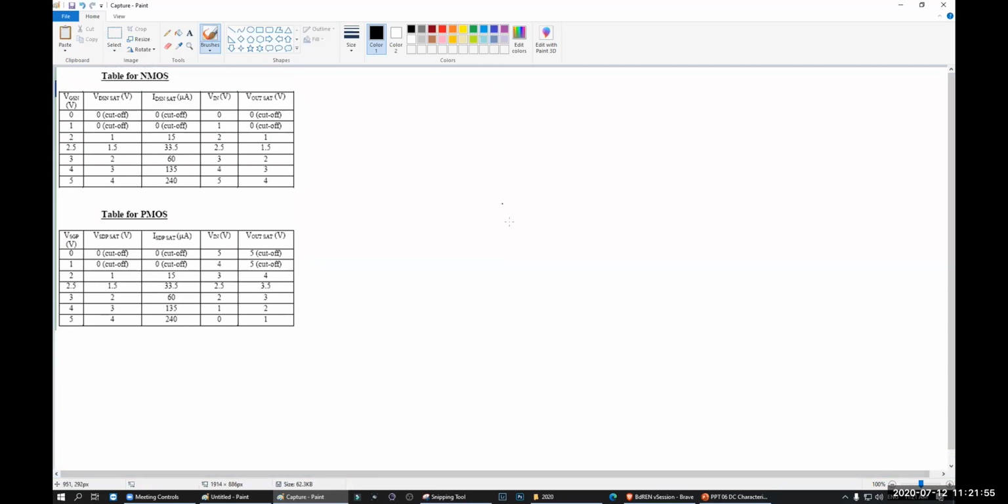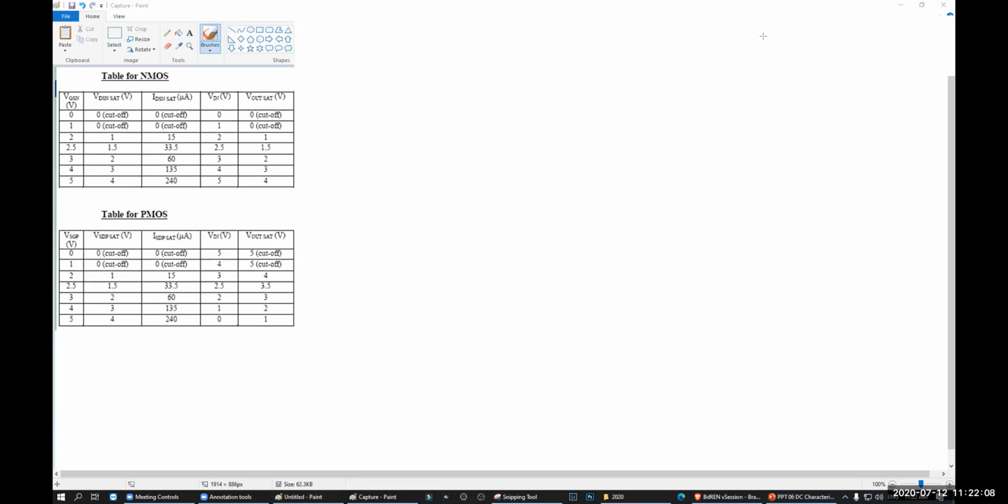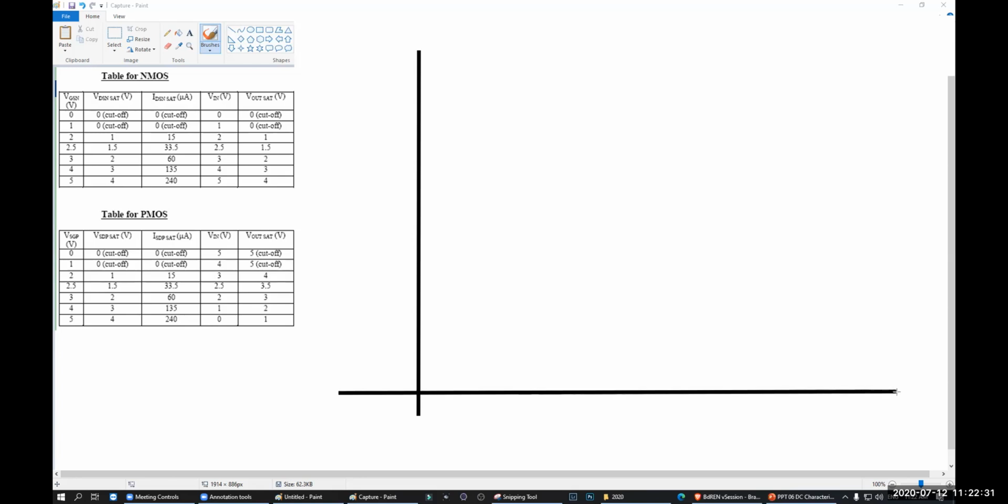Okay, we're going to draw the graph here, okay? Now, for drawing the graph, I need two axes first. Let's say this is one axis. This is another axis.